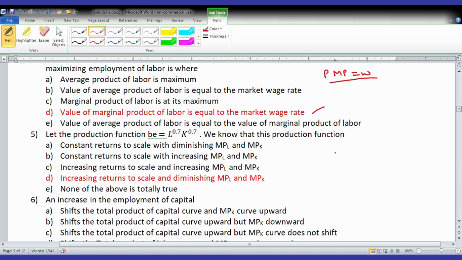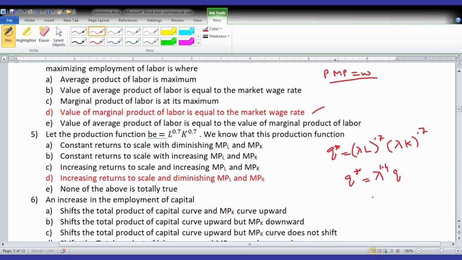Returns to scale is increasing because if we define Q star equals lambda times L raised to power 0.7, lambda greater than 1, and capital also is increased by the same proportion, then we will have Q star equal to lambda raised to power 1.4 times Q, and this is like saying that output will be increasing more than the proportionate increase in the factors of production, and so the returns to scale are increasing.